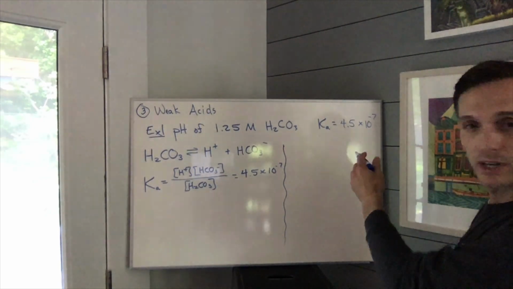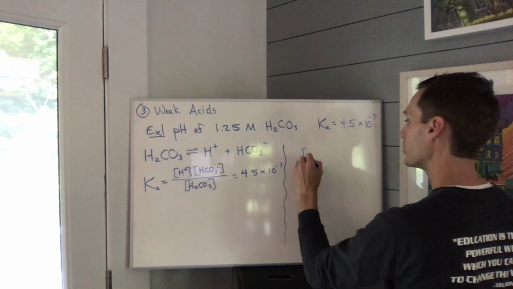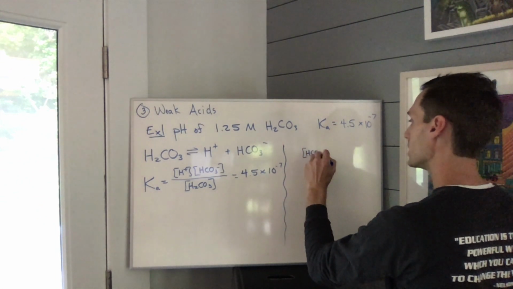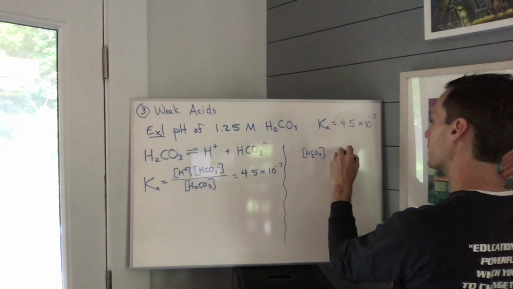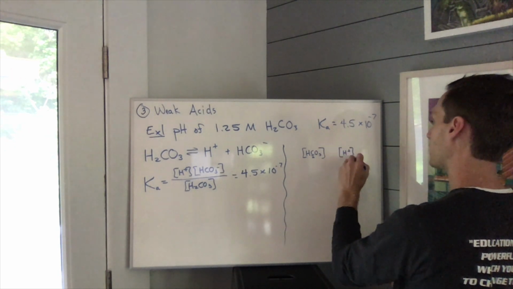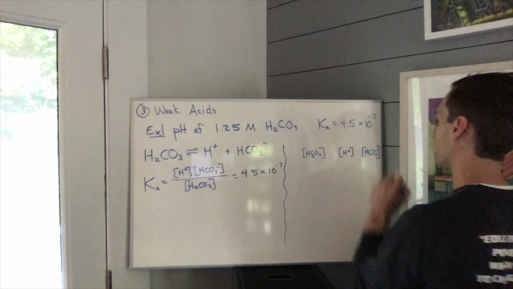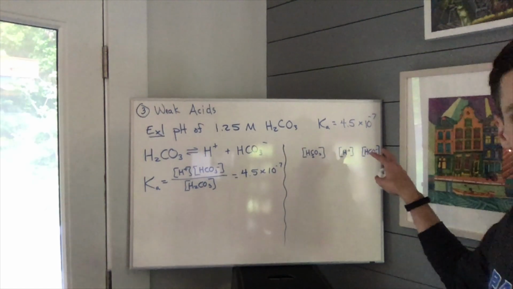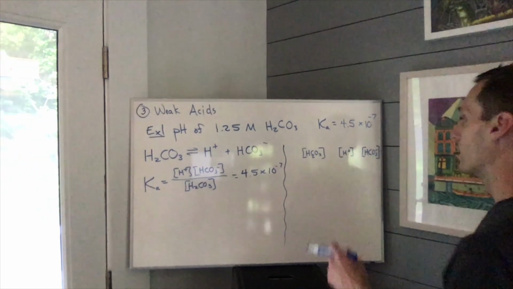Across the top of your ice table, you're just going to put the molarities of each species you have in your reaction. So here we have H2CO3, here we have the H plus molarities, and the HCO3 minus molarities. So across the top row, that's what you're going to put, all substances that are in your reaction.